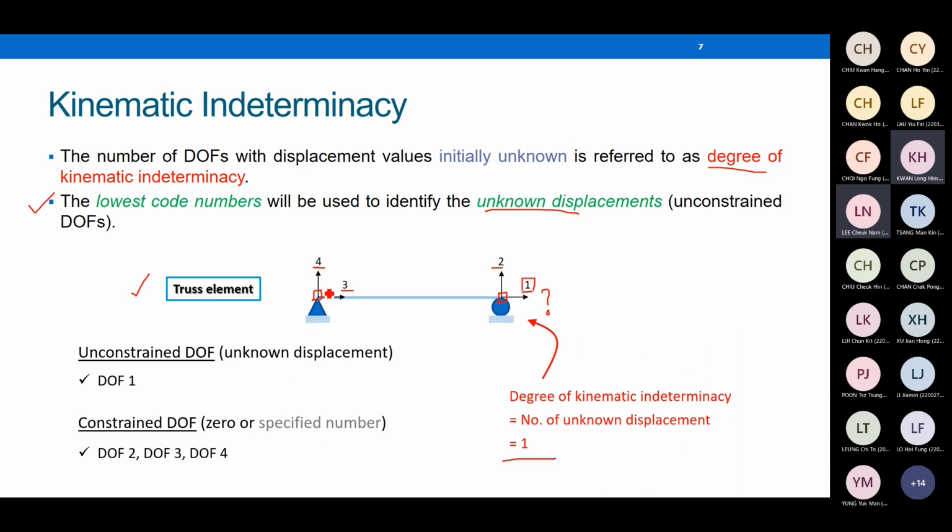So please make sure that you know how to identify the so-called unconstrained and constrained degrees of freedom, their positions. They will totally affect how you formulate and solve the problems.